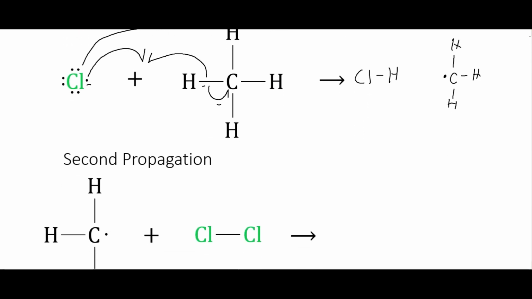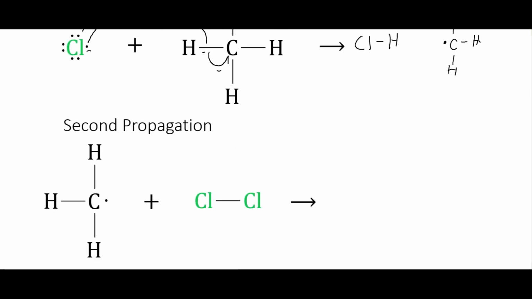And then our second propagation, we bring this product down here. Now we have another free radical. We're going to go here. This one will come here, and this one will go here. And so now we have our C with our H's on it here with a Cl bound to it, and we have also produced another Cl here, which will then go back up here to react with another methane.